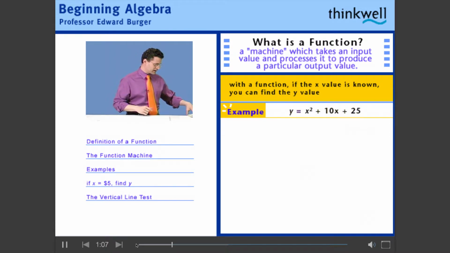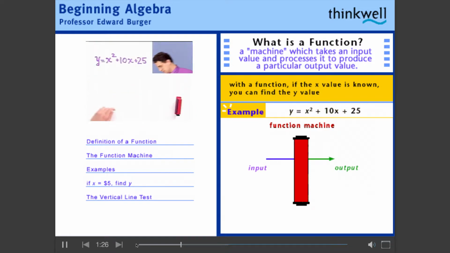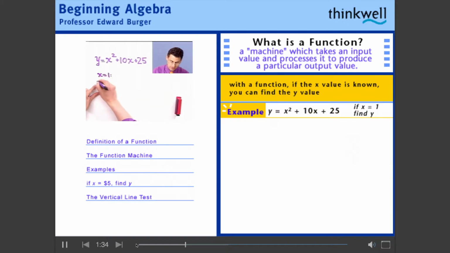So you really should think about it like a machine. And in fact, let me show you a function type machine. The way it works is you put something in and something else comes out. So let's say that I want to take a look at this function and see what happens when I plug in x equals 1. If I plug in x equals 1, what would y equal?